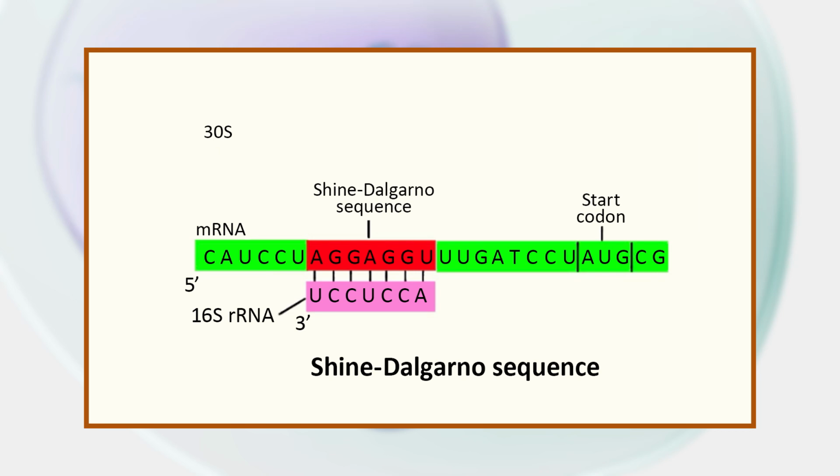The Shine-Dalgarno sequence binds to a complementary pyrimidine-rich sequence on the 3' end of the 16S RNA, part of the 30S ribosomal subunit. The binding of these complementary sequences ensures that the 30S ribosomal subunit is bound to mRNA and is aligned in such a way that the initiation codon is placed in the 30S portion of the P site.